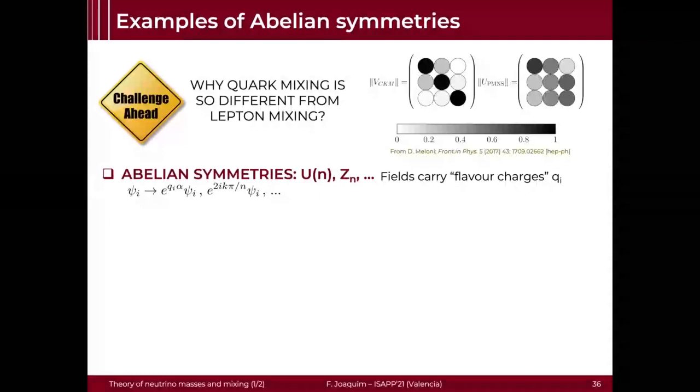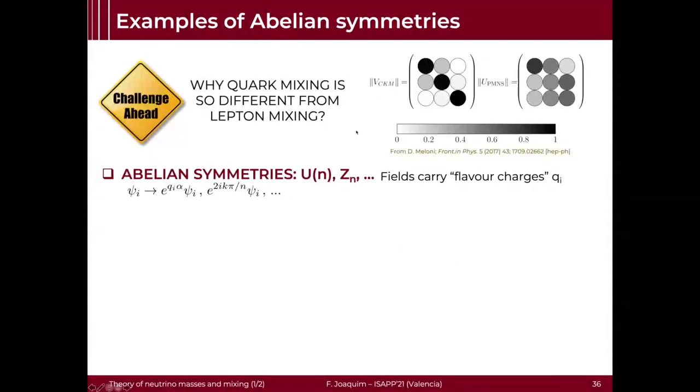So just very quickly, the question is why lepton mixing is what it is, and if you want to be even more ambitious, why lepton mixing is so different from the quark mixing. The quark mixing is characterized by small mixing angles, but we know that in lepton mixing we have large entries in the mixing matrix. One of the simplest ways to do it is to consider abelian symmetries.